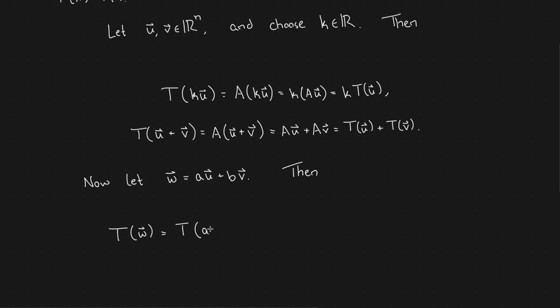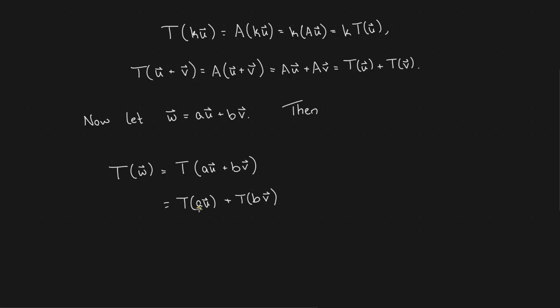If I use the linear combination of w, au plus bv, I know that if I have a sum of vectors, I could take the transformation of the two vectors individually and add them together after. So this is equal to T of au plus T of bv. Okay?